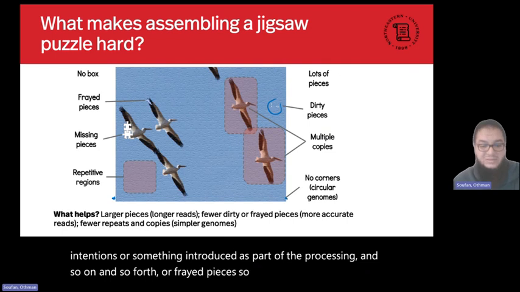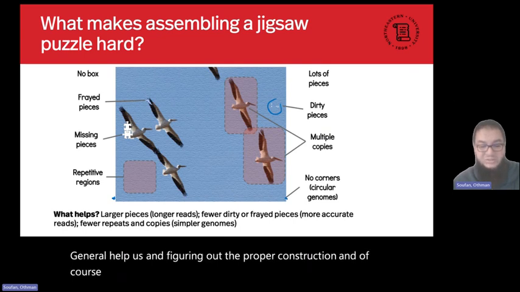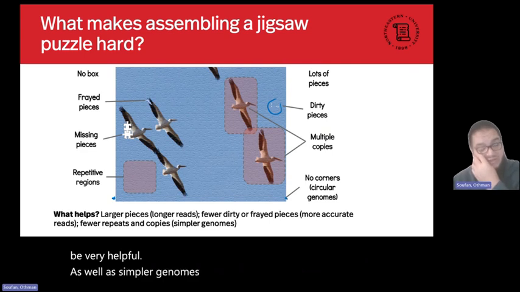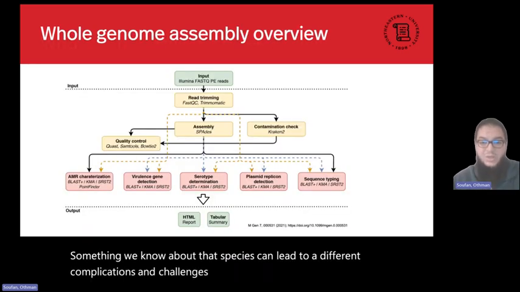So longer reads are in general going to help us in figuring out the proper construction, and of course more accurate reads, meaning fewer dirty ones, are going to be very helpful, as well as simpler genomes. If the genome is very sophisticated, something we know about that species can lead to different complications and challenges.